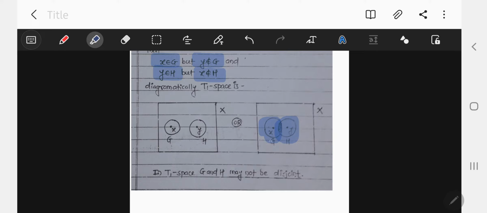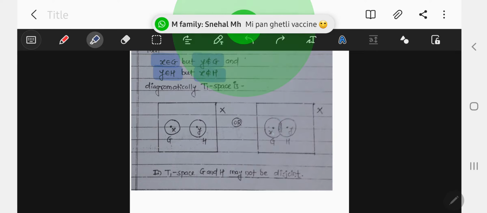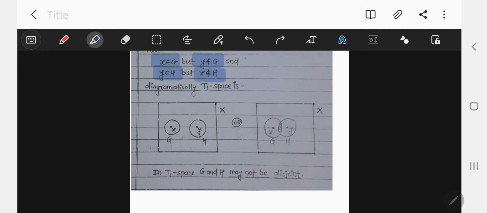They can meet each other. For these two open sets G and H, x belongs to G but y does not belong to G, and y belongs to H but x does not belong to H.